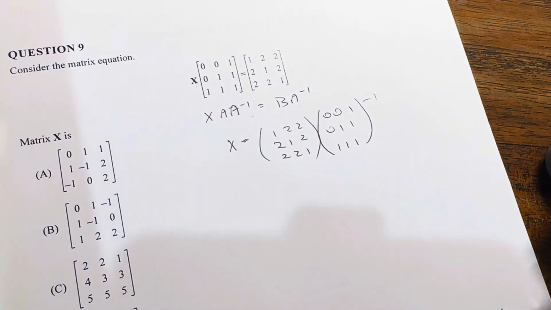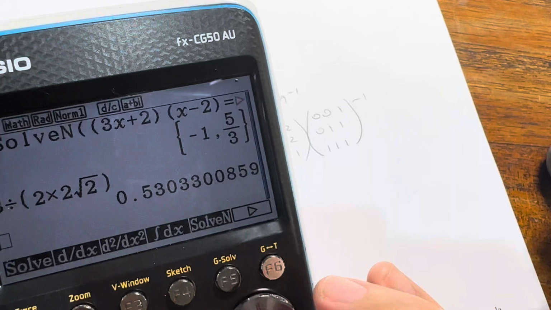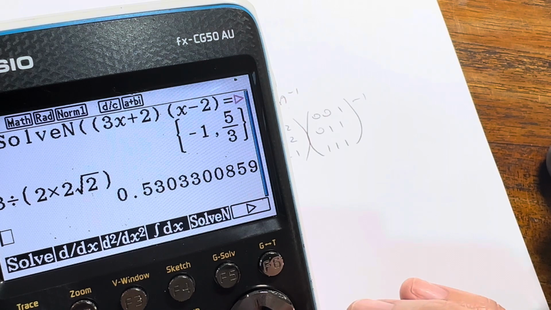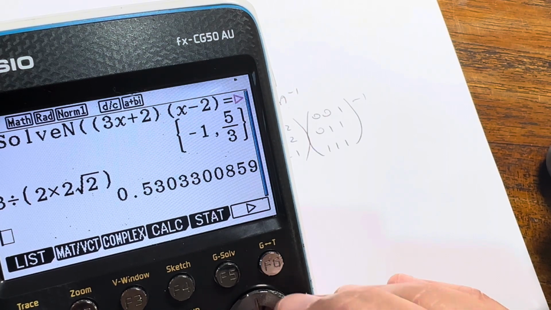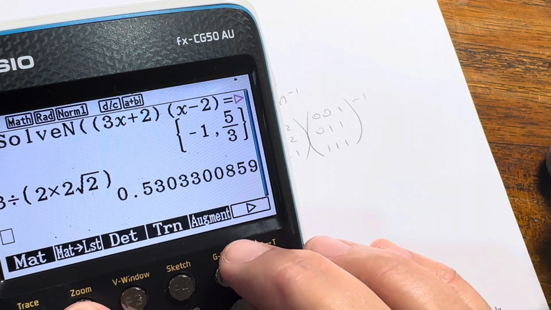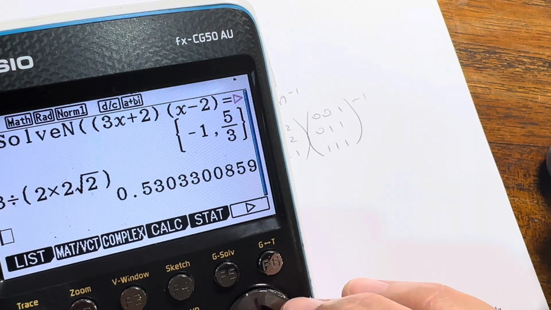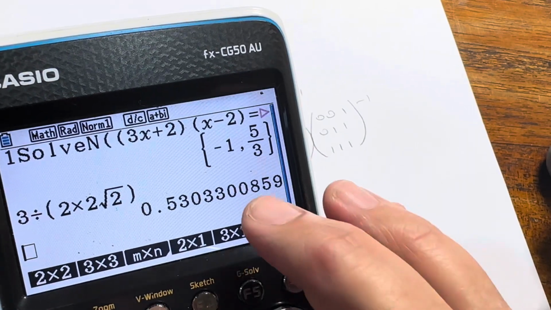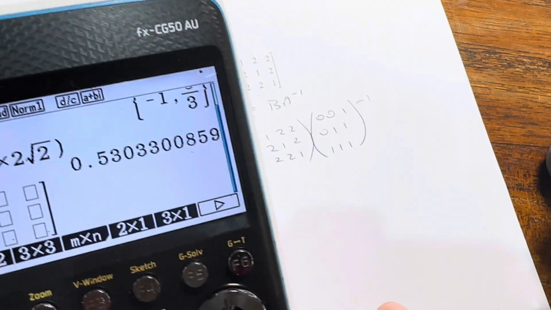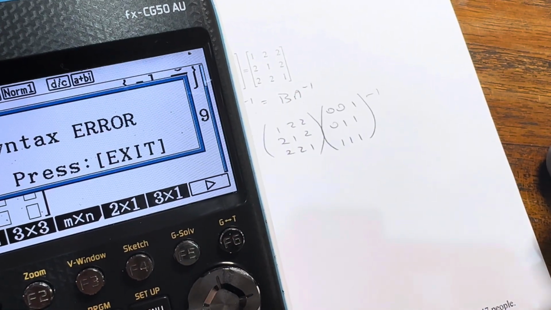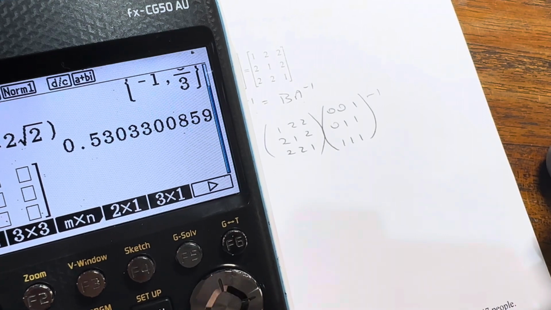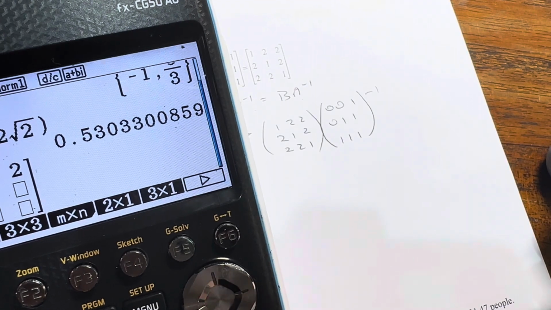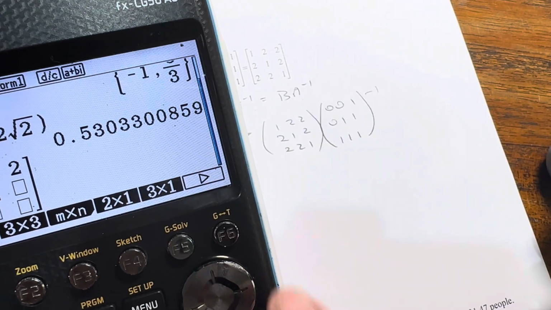All right, I'm going to jump on my calculator here. I want to go matrix mode, because I want to get straight into here and just go 3 by 3. So my 3 by 3 matrix is 1, 2, 2, 2, 1, 2, 2, 2, 1.